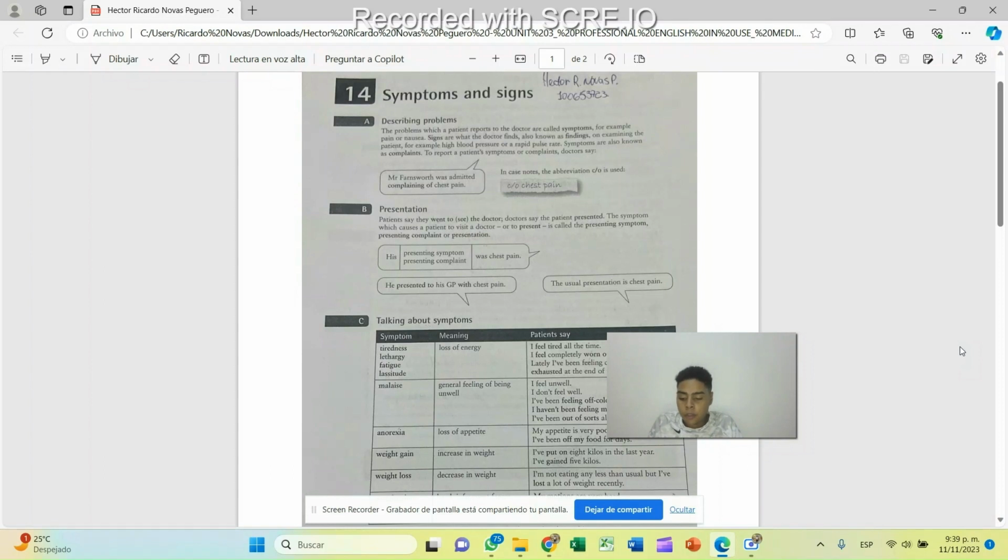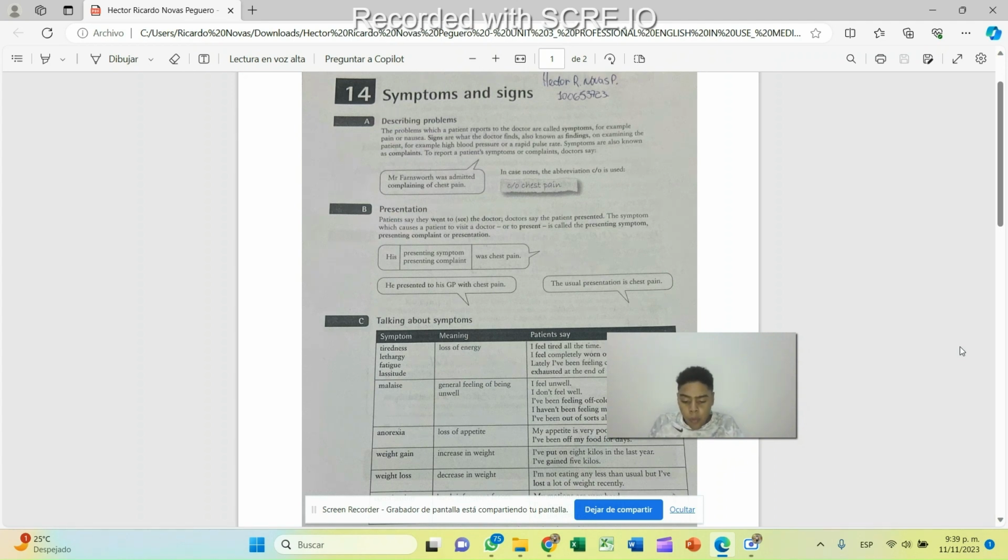Chapter 14: Symptoms and Signs. The screening problem. The problems which a patient reports to the doctor are called symptoms, for example, pain or nausea.